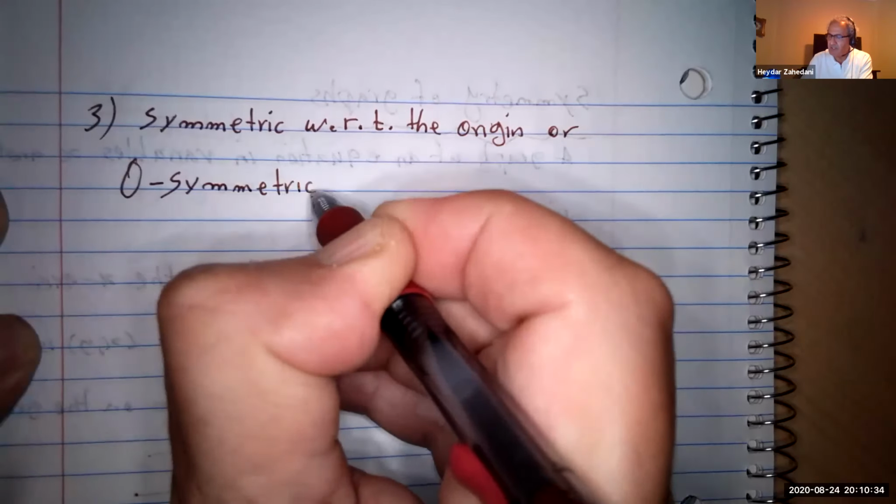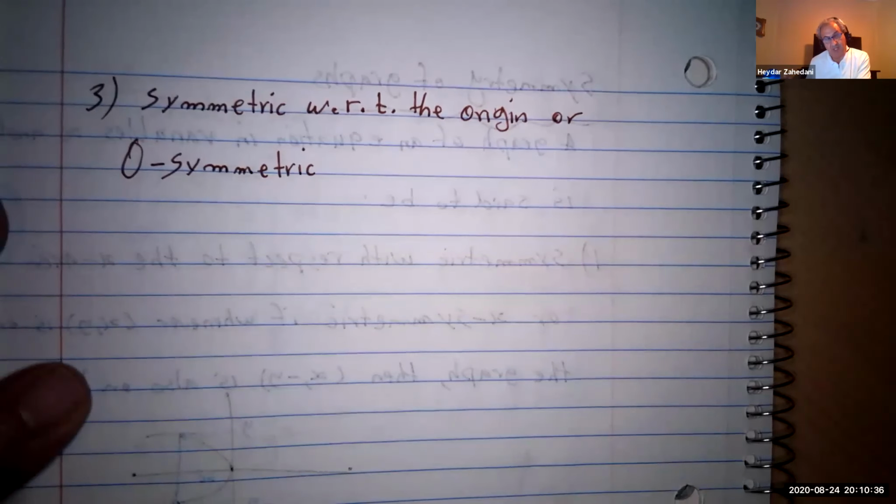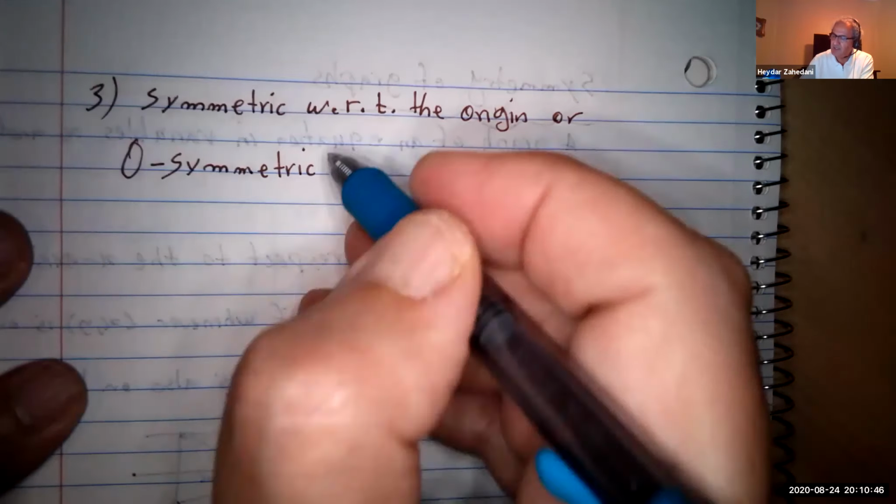Now, you have to go to the right and left first, then you go up and down. So symmetric with respect to the origin, this is it.